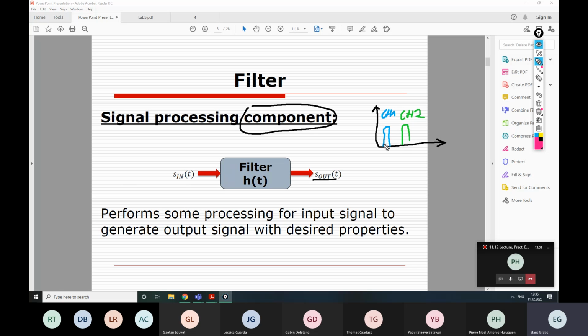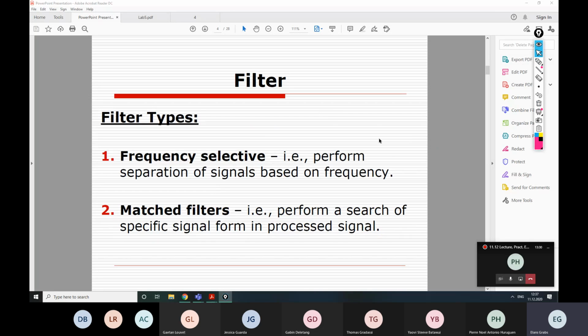For that purpose, we can use some bandpass filter that keeps only our signal. That removes some noise as well, and so on. So this is so-called frequency selective filtering.